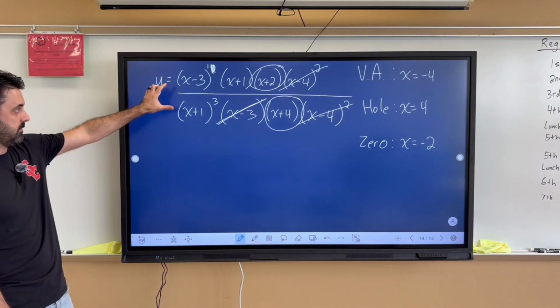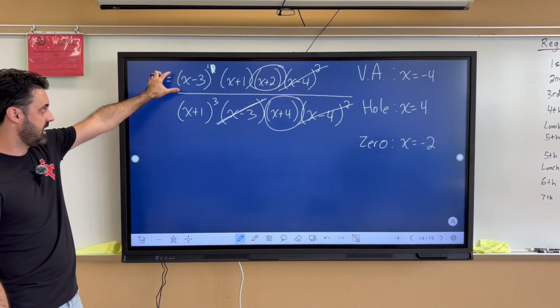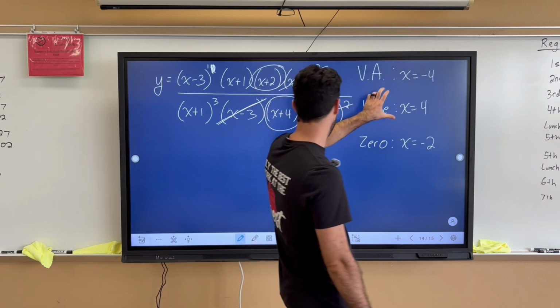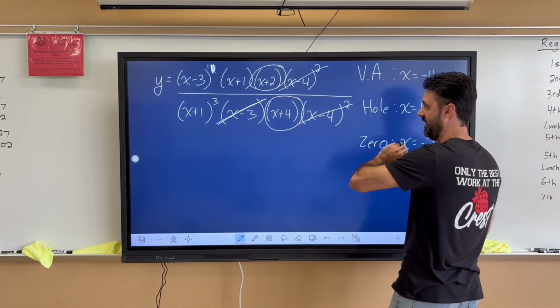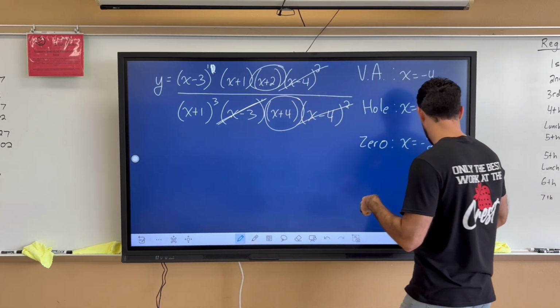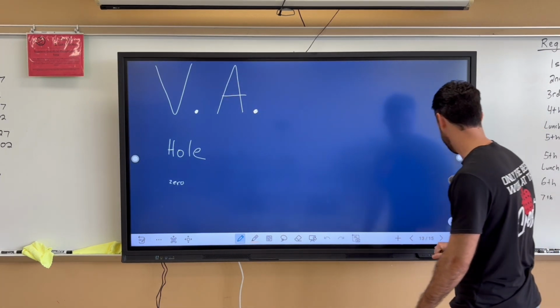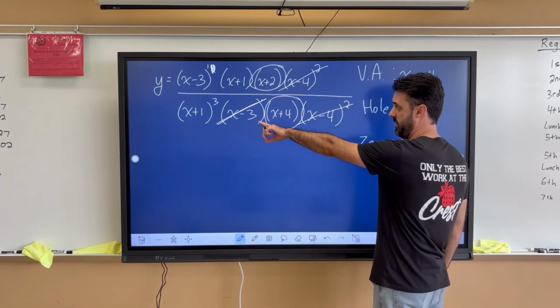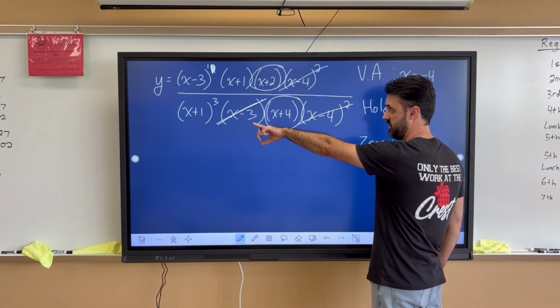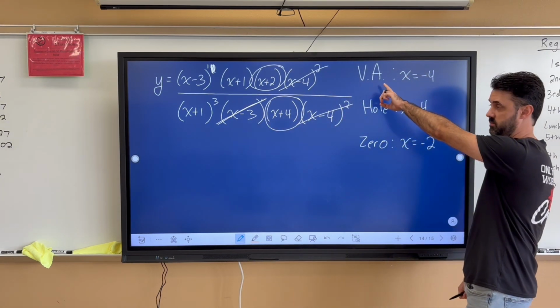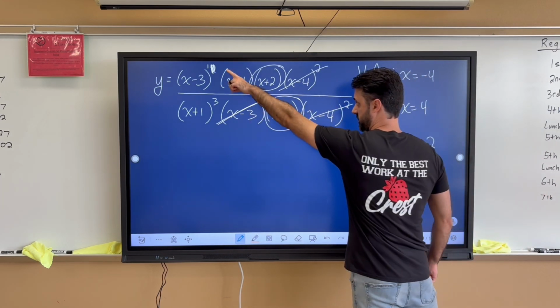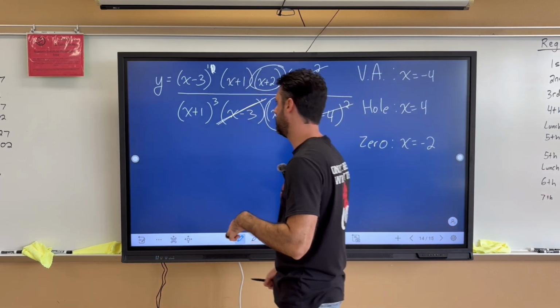And here's the confusing part. When something cancels, typically we're just going to say, oh, it's a hole. But now we have to consider, based on this hierarchy right here, which one is it going to be? Well, it's not in the denominator. The x minus 3, it's gone. So it can't be a vertical asymptote. It canceled, which would typically be a hole.